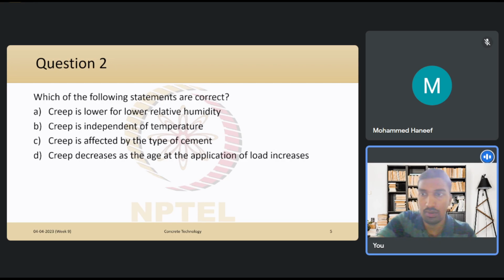Okay, we have one vote for options A and C. Okay, let's take a look at the answer now.